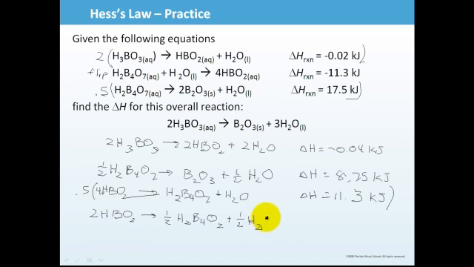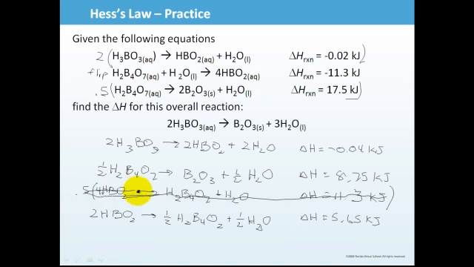Don't think it's a half molecule, it's a half mole. And then we're going to take half of 11.3, and that's going to give us 5.65 kilojoules. Okay, and then again, that reaction is now not being used.